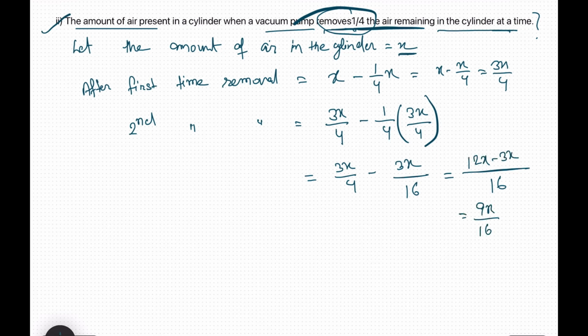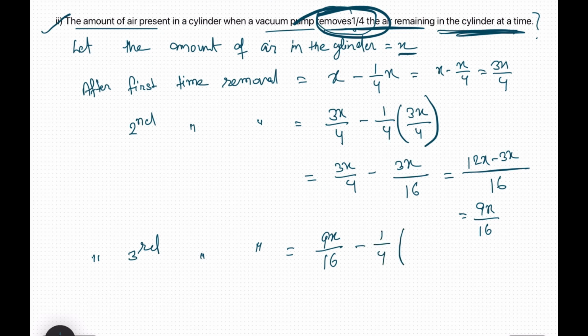Now, after the third time removal, what is the remaining now in the cylinder at a time? 9x by 16, right? So write 9x by 16, which is there right now, and it removes how much? 1/4 of the remaining.